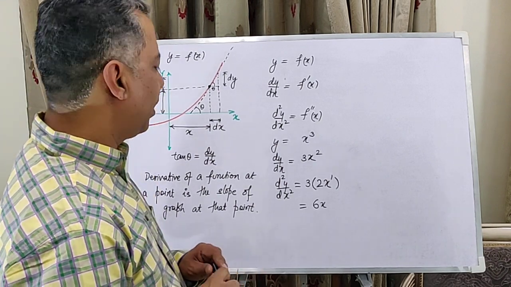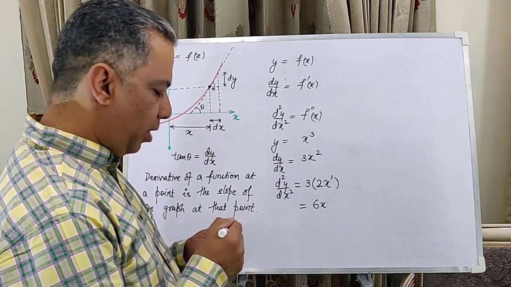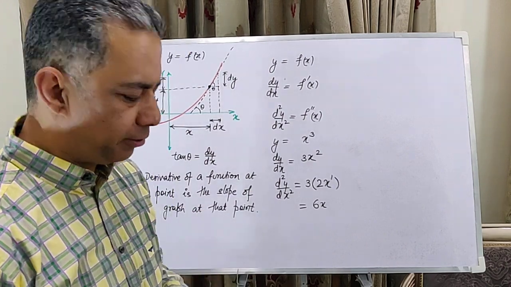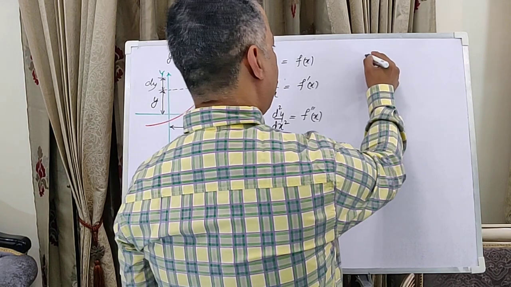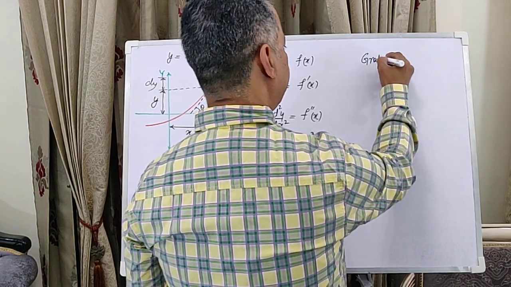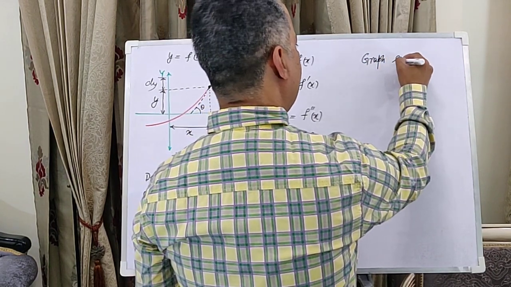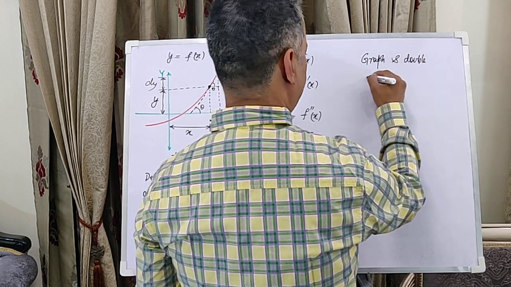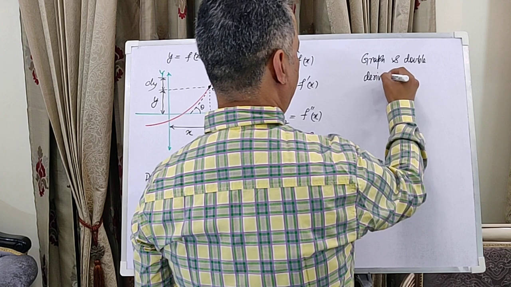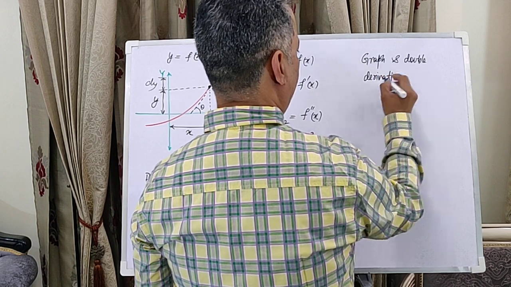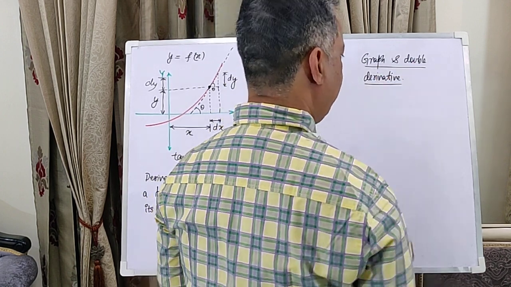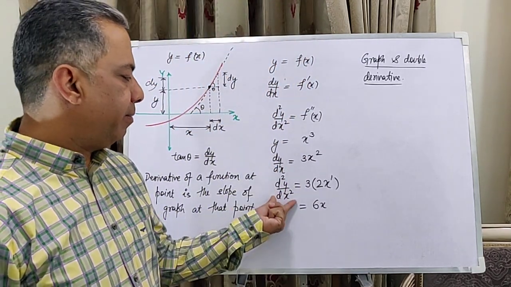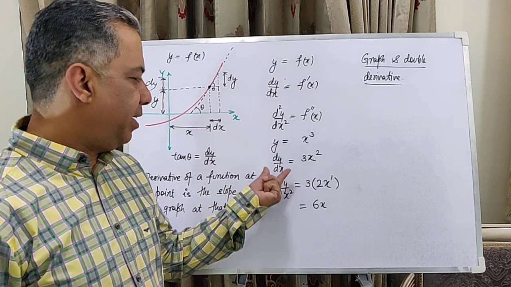Now, what does double derivative tell you about the graph? Graph and double derivative. What's the meaning of this? Now see, double derivative is the derivative of the derivative.